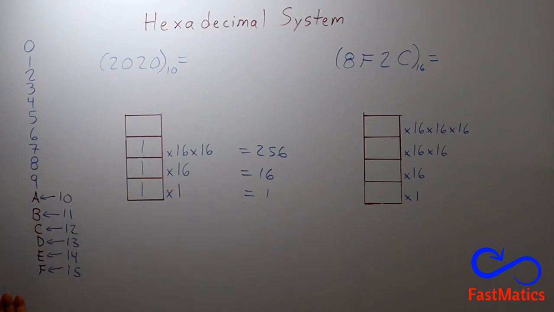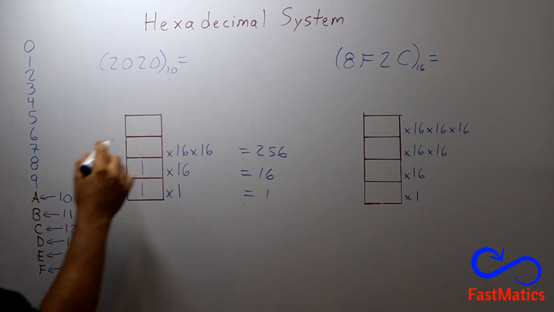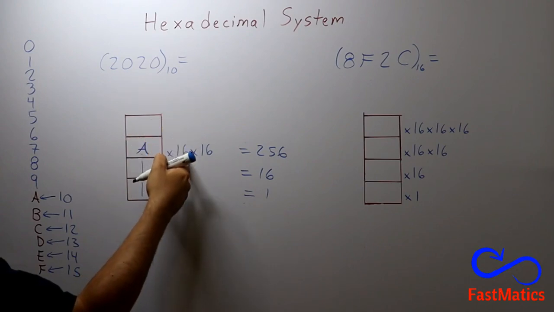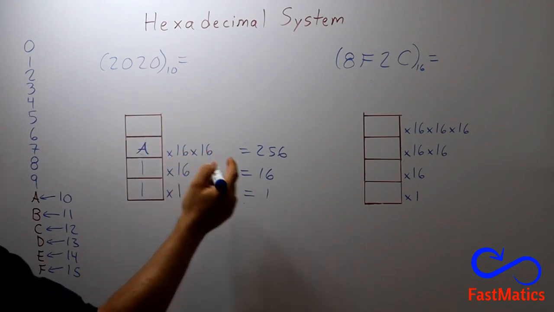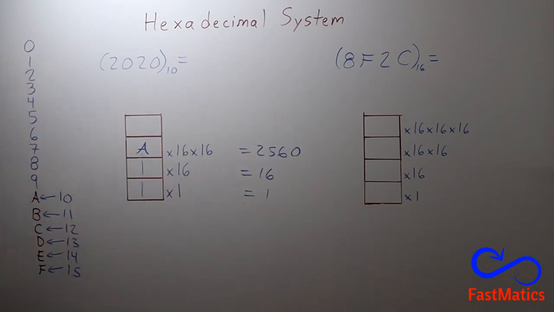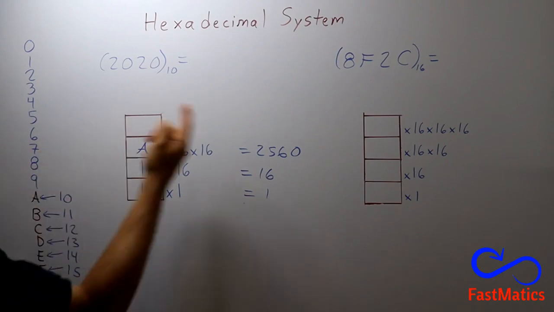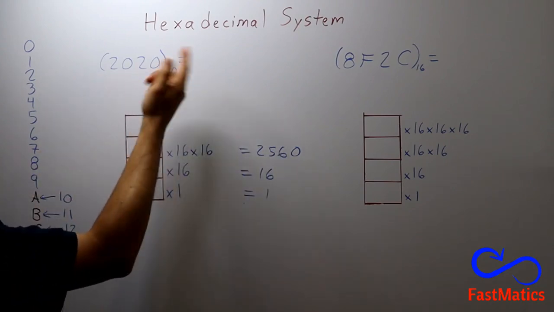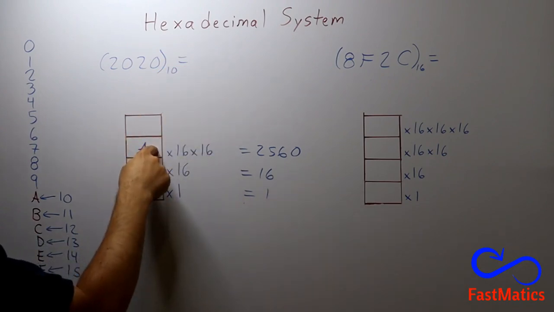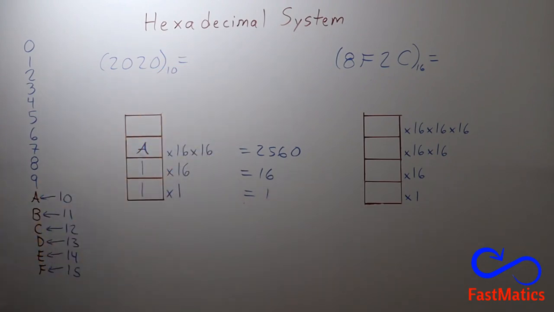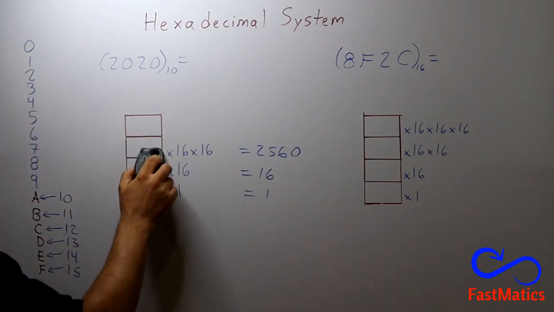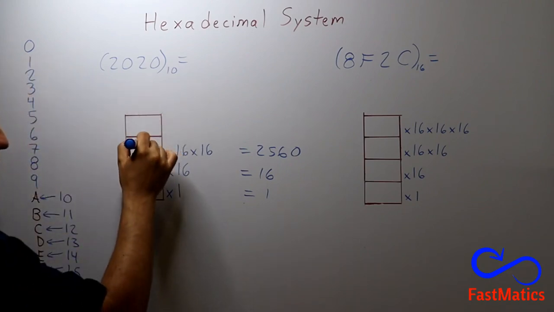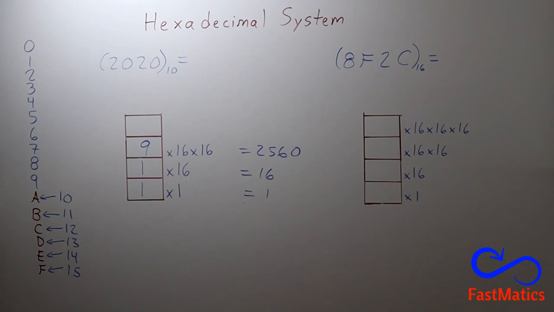But we need a bigger number. So what happens if we try with 10? Let's see. 10 times 16 times 16 is 2560. It is bigger than 2020. So I cannot write a 10 here. I could try with 9. Let's see. 9 times 16 times 16 is 2304.